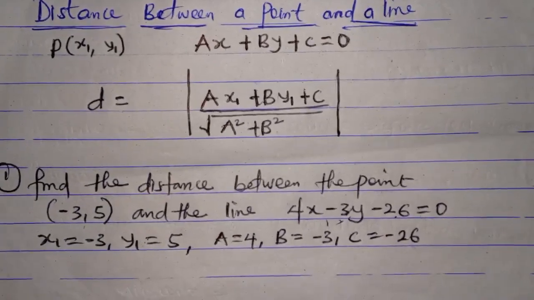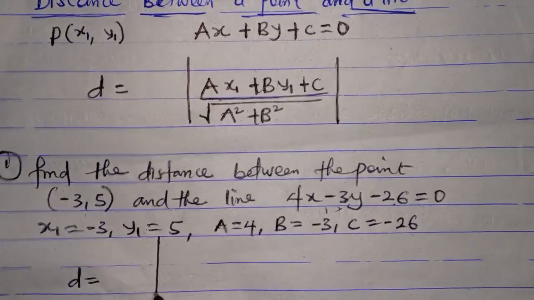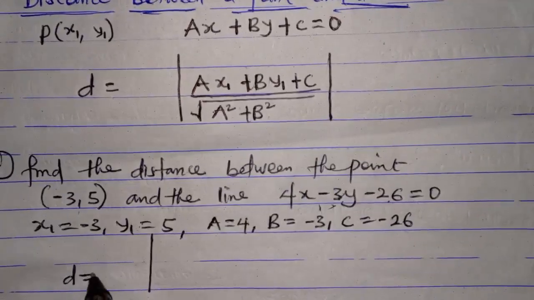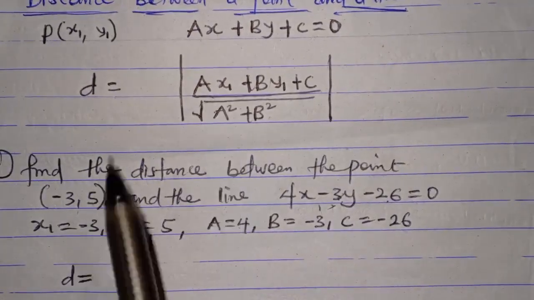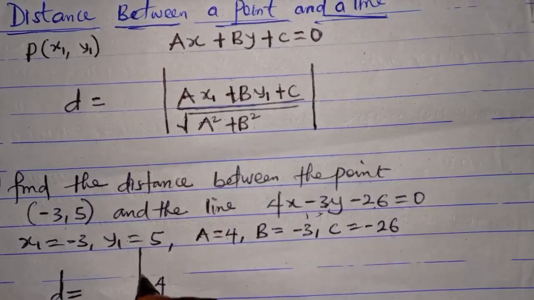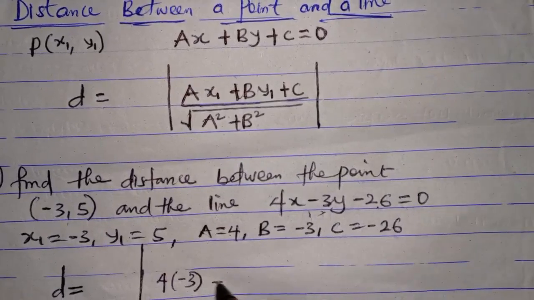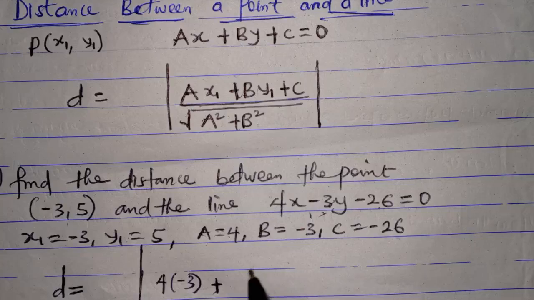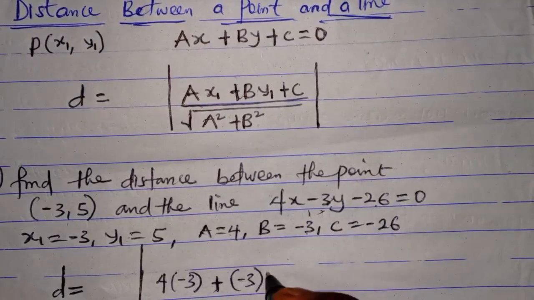So the distance is the absolute value of a is 4, x1 is minus 3, so it is 4 times minus 3, then plus by1. b is minus 3, y1 is 5, minus 3 times 5.